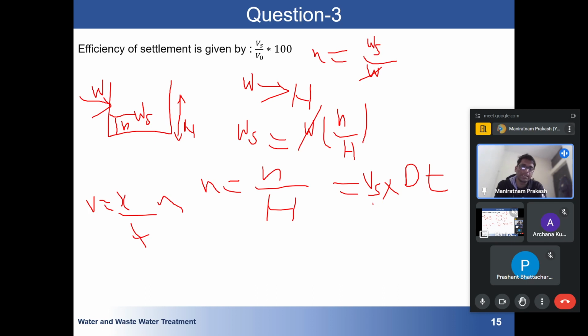And this capital H is covered when the velocity is the design velocity, also known as overflow velocity, which I was saying last time, and that is also taking the same time, dt. This will get cancelled out, and you will be left with the equation: efficiency is equal to Vs by V naught. I hope this is clear to you.